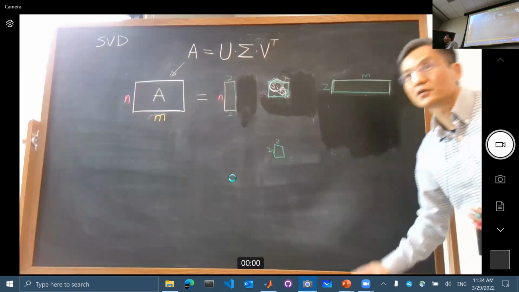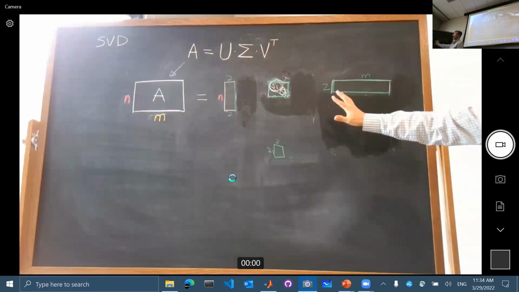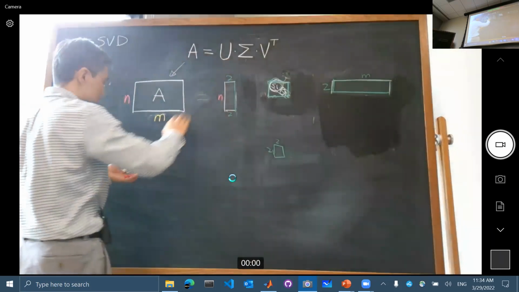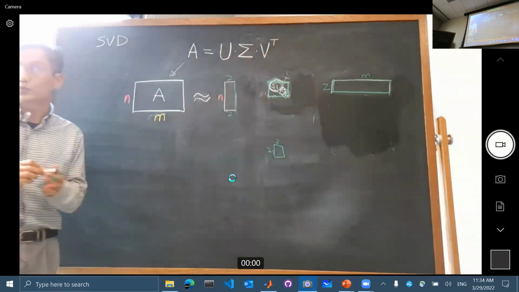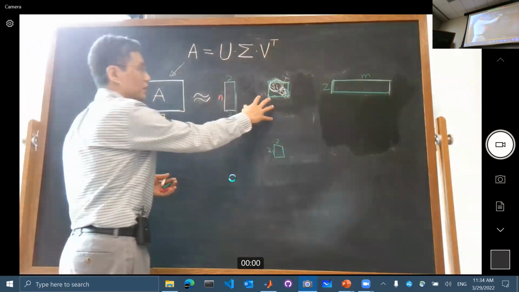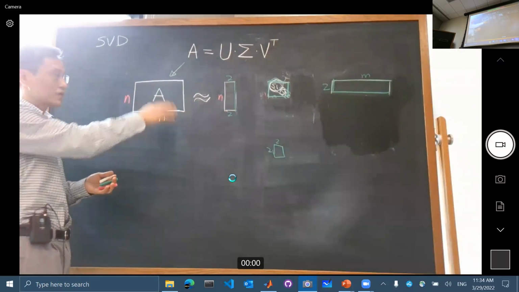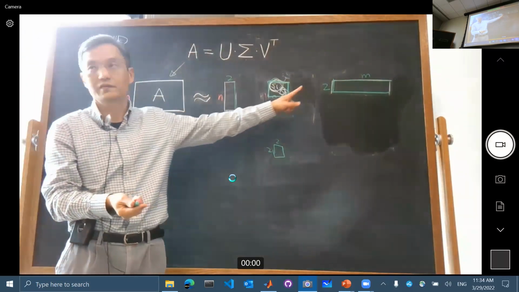In this case, I greatly reduce the dimensionality of the whole system, and this becomes an approximation. You will realize numerically, you will reconstruct this and approximate very similar values here, even though you only use 2 components.